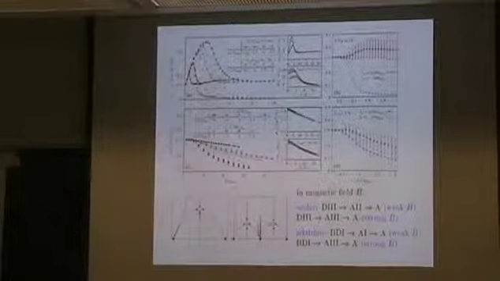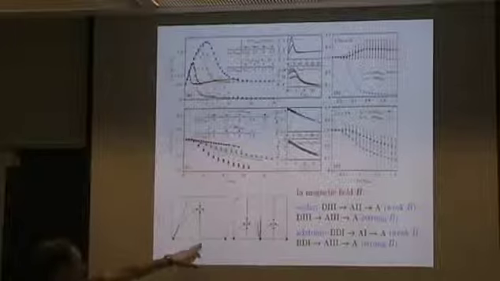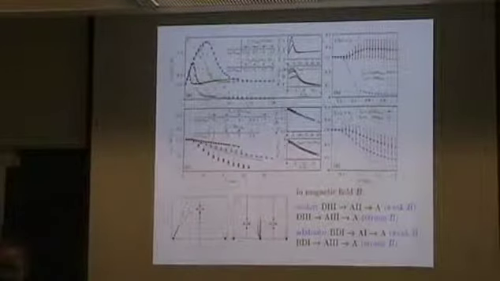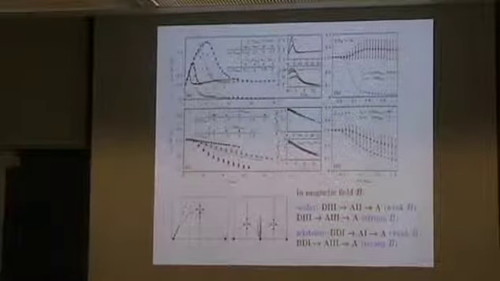But from Pruisken's diagram, it looks like it's a half. Oh yeah, that's a good question. So in Pruisken's diagram, this point corresponds to sigma xy equal to pi, right? Because in Pruisken's theory, sigma xy and the theta angle are the same.